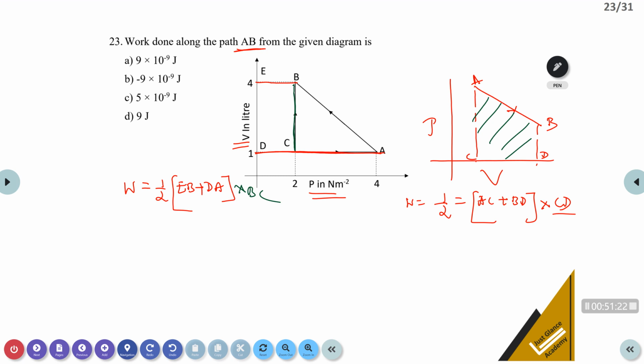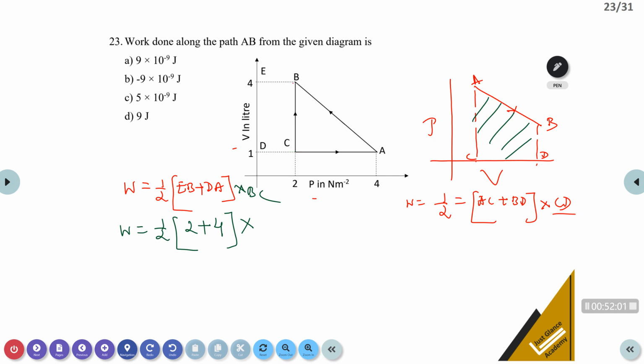Very interesting question it is. Normally we take these things, but that is wrong. It is volume against pressure. Work done equals 1 by 2 into EB plus DA, into BC. EB is the pressure, which is 2. DA, from here to here, is 4.